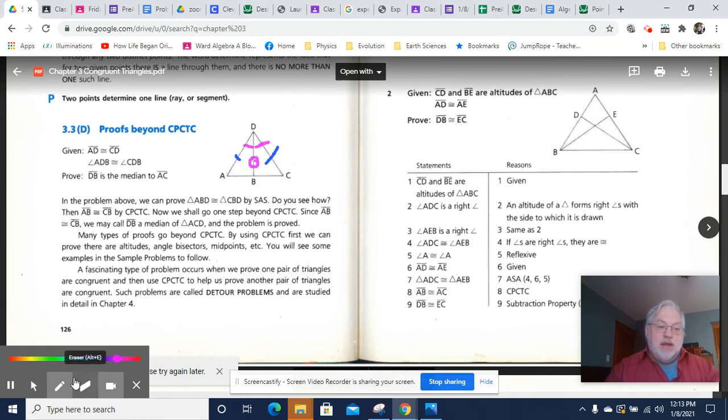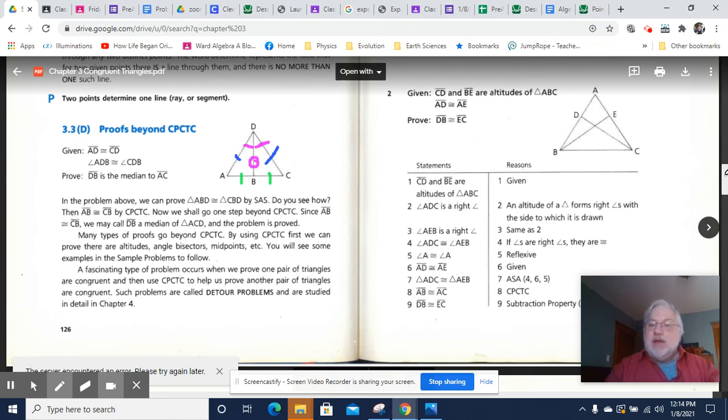By side-angle-side, we can prove that triangle ABD is congruent to triangle CBD, and therefore by CPCTC, AB and CB are congruent. Once we've proven that, we can prove that B is a midpoint, and therefore DB is a median, because that's the definition of median. It goes from the vertex to the midpoint of the opposite side.